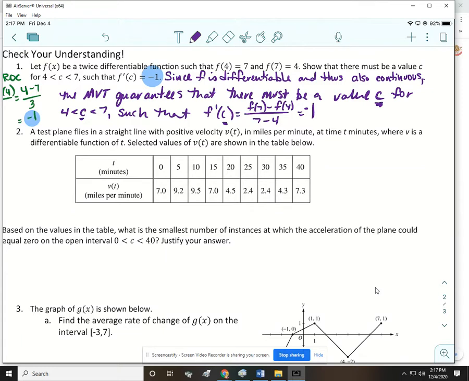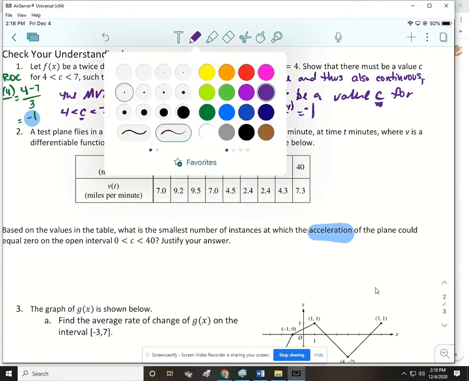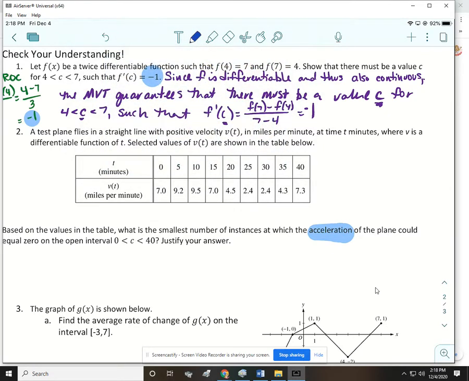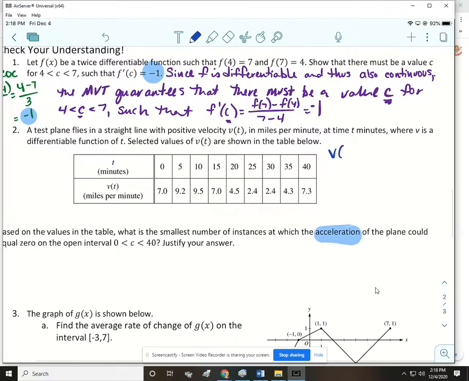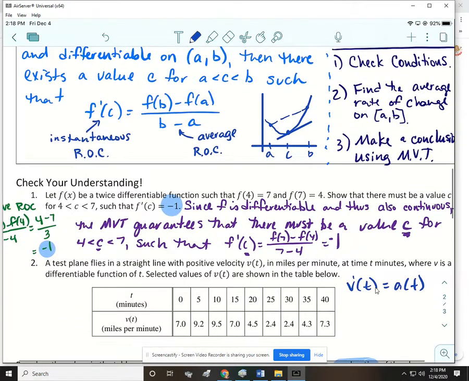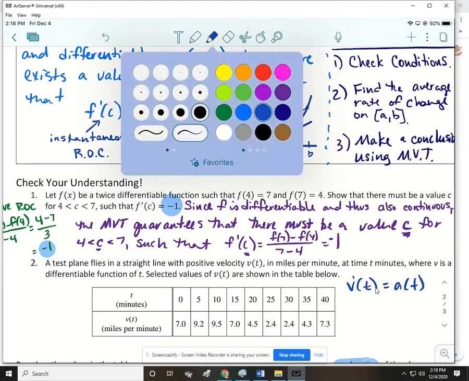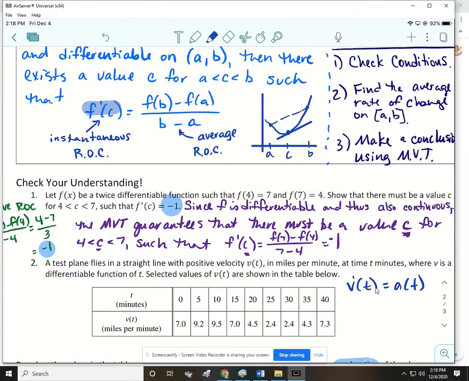All right, so this table gives the velocity, but this problem talks about acceleration. But that's fine because if you guys remember, the derivative of velocity is the acceleration. So in the mean value theorem, the f prime of c is talking about acceleration, right?